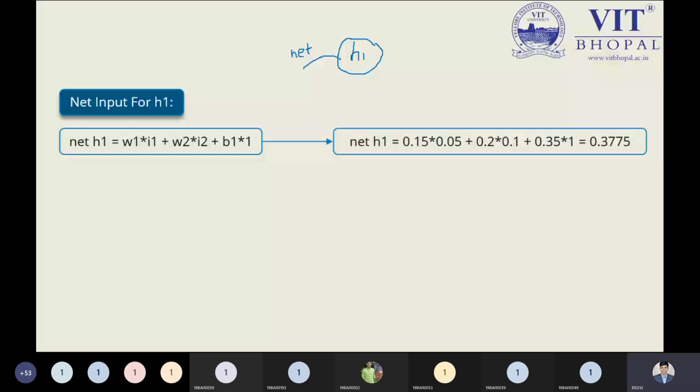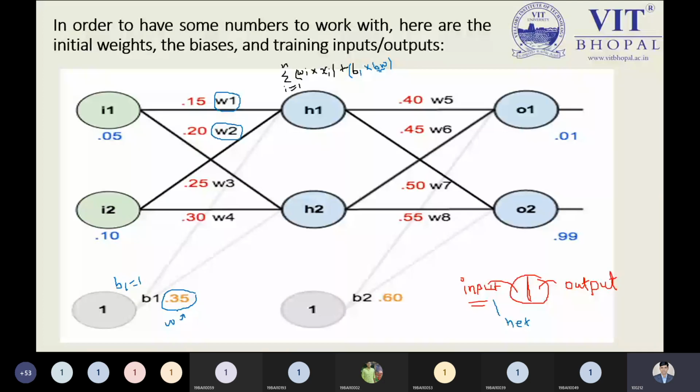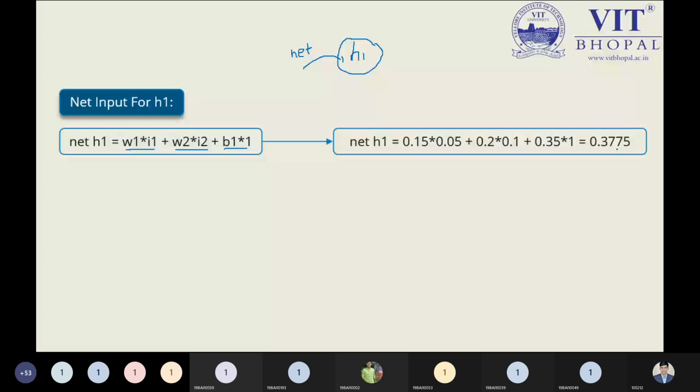With the simple formula I told you previously, net H1 means W1 into I1, plus W2 into I2, plus B1 into 1. What is the value of B1? The weight is 0.35, and the bias we have is 1. So we multiply those values. Everything is given over here. At the last, we will get this value 0.3775. So are you getting a different value or the same value?